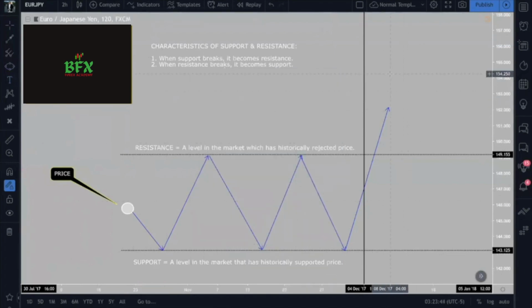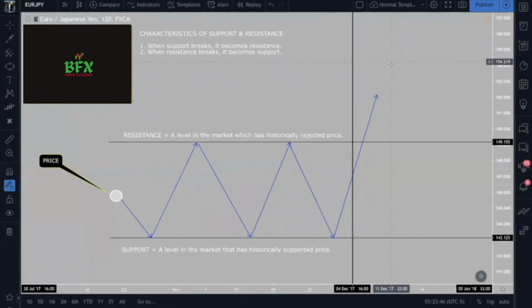Okay, now what does that mean exactly? So let's come back to our conceptual example. Price was moving in between our boundaries, in between our floor and our ceiling, in between our support and our resistance. But then at the end of the hallway, when the door was open, there was nothing left to push the ball down, and so it bounced straight through and above the ceiling, made a higher high.